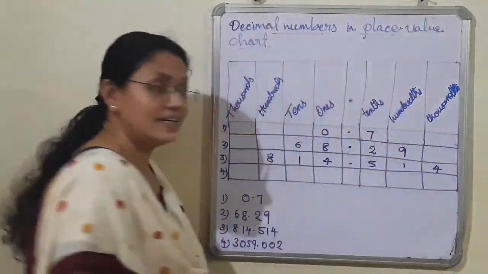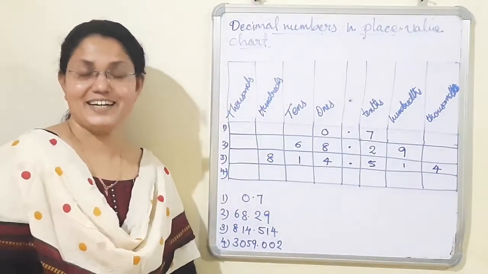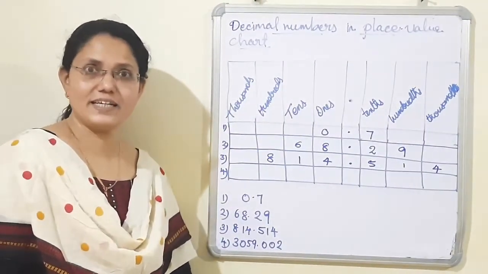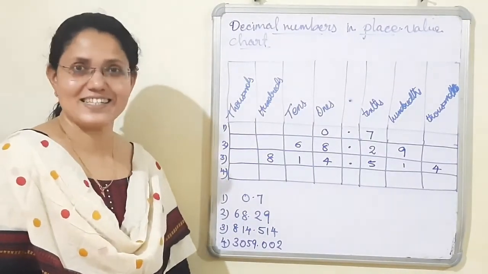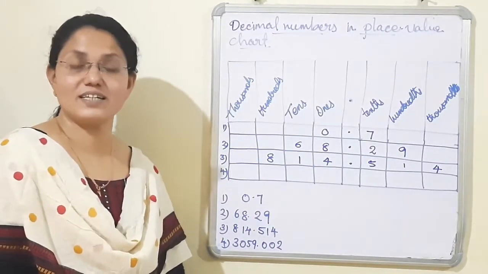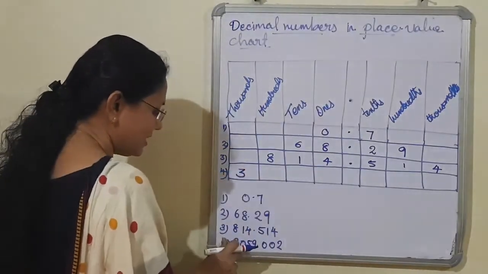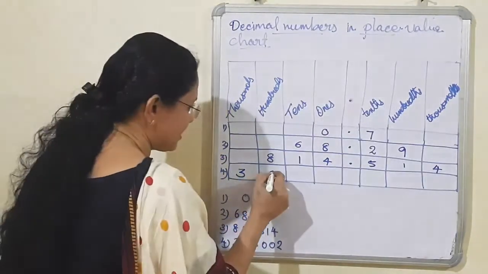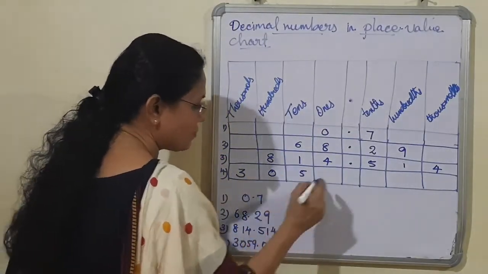Okay. Next, the last question, 3059.002. Immediately when you are reading a question like this, at that time itself you can understand each of the digits comes under which places. 3000 means a thousands place, 3 is there. Next, just after that, hundreds place 0. Next, tens place 5. Ones place 9.